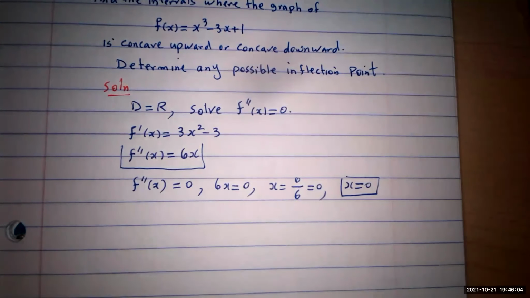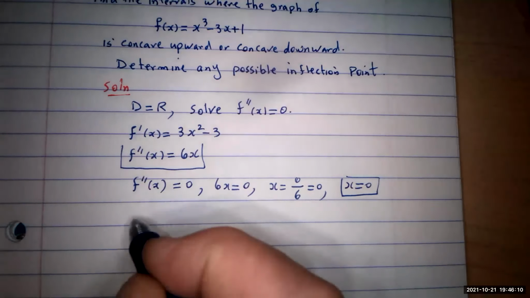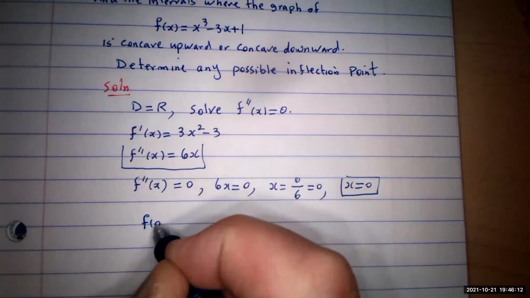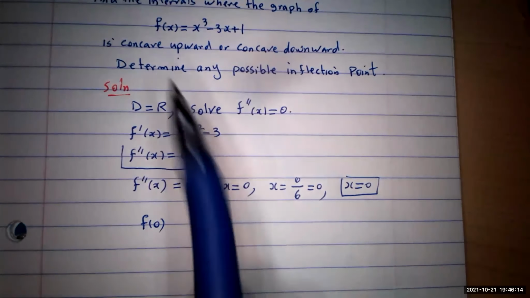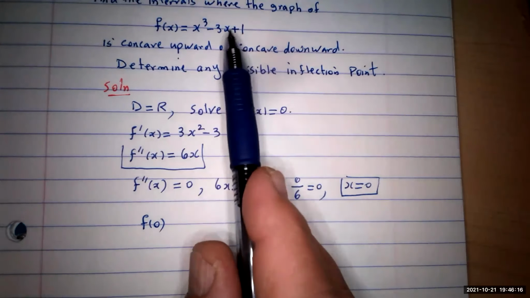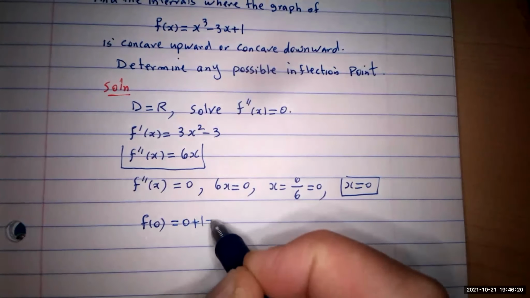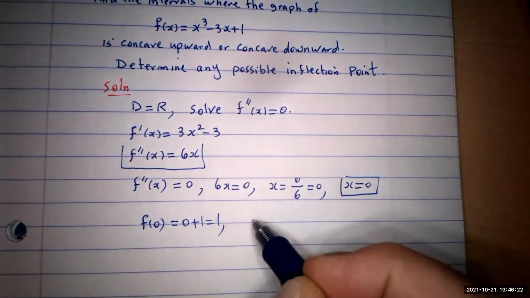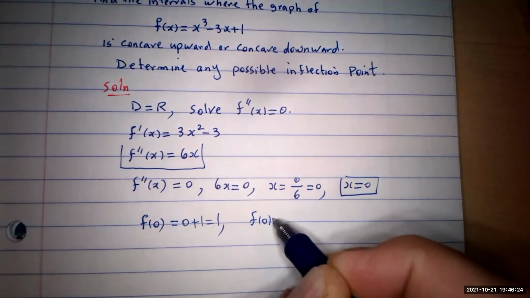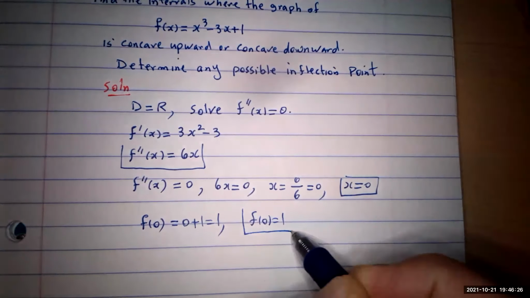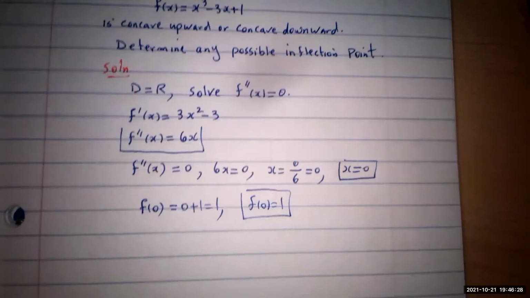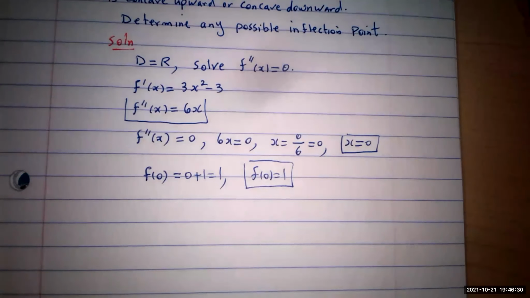Replace x by 0, that gives 0 plus 1, which is equal to 1. So f of 0 is 1. The possible inflection point would be the point (0, 1), but not yet. Any question?